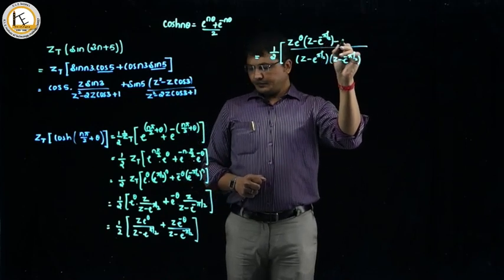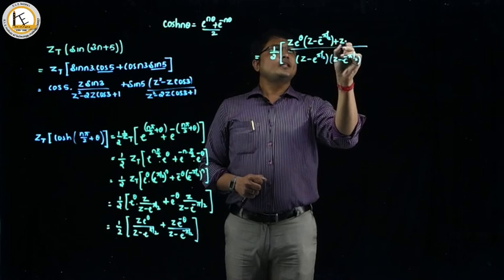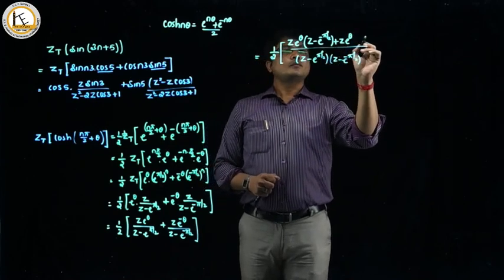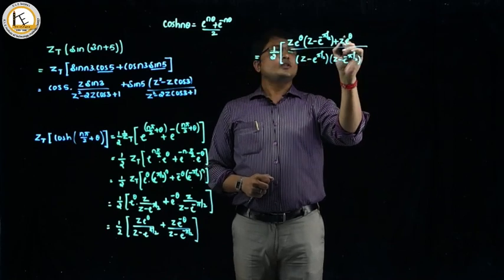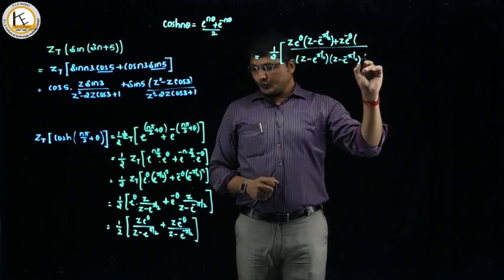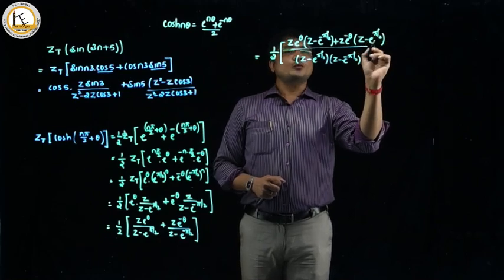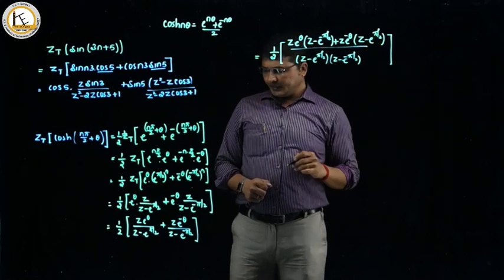plus z into e raised to minus iθ into z minus e raised to iθ. Bracket complete.